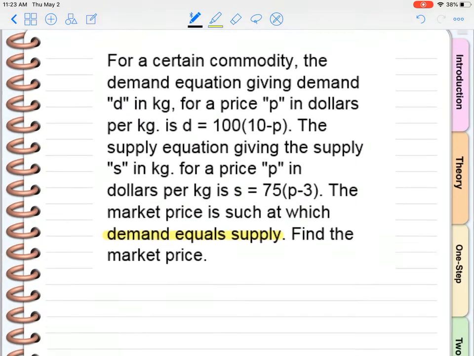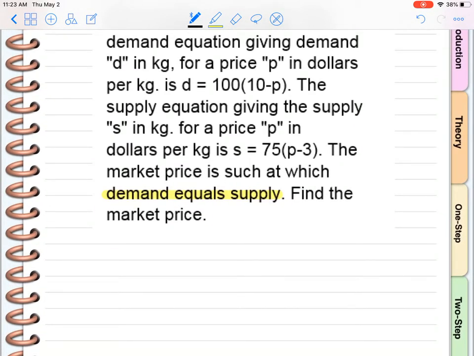So let's follow that idea through just a little bit. Demand and supply are the same. And this is a good situation in economics. This is called equilibrium, where people are wanting to buy as much as there is in supply.